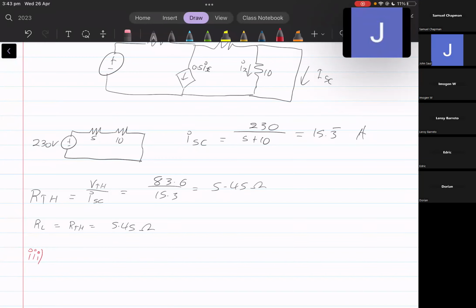Yeah. In case you didn't have a dependent source in this question, how would you get the heater resistance? Yeah. So this method would still work. Like you could do, if you did this, you'd waste a little bit of time, but it's totally fine to do.